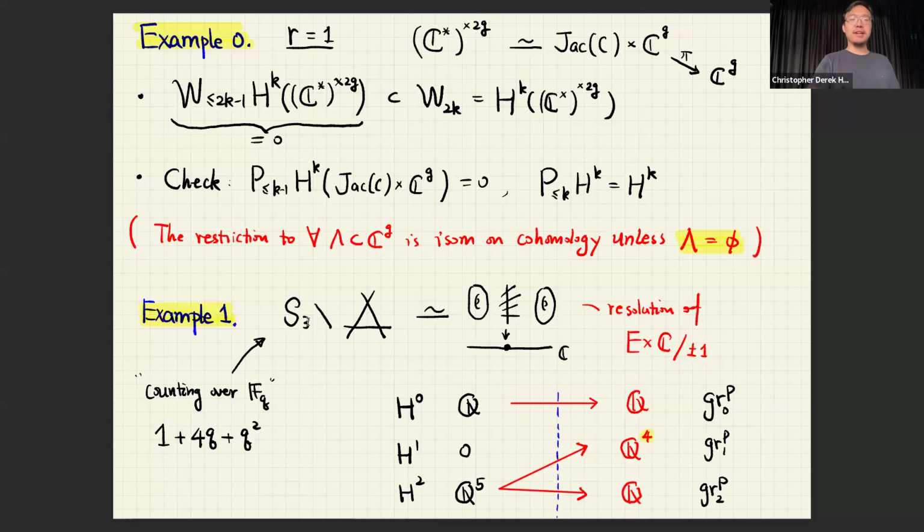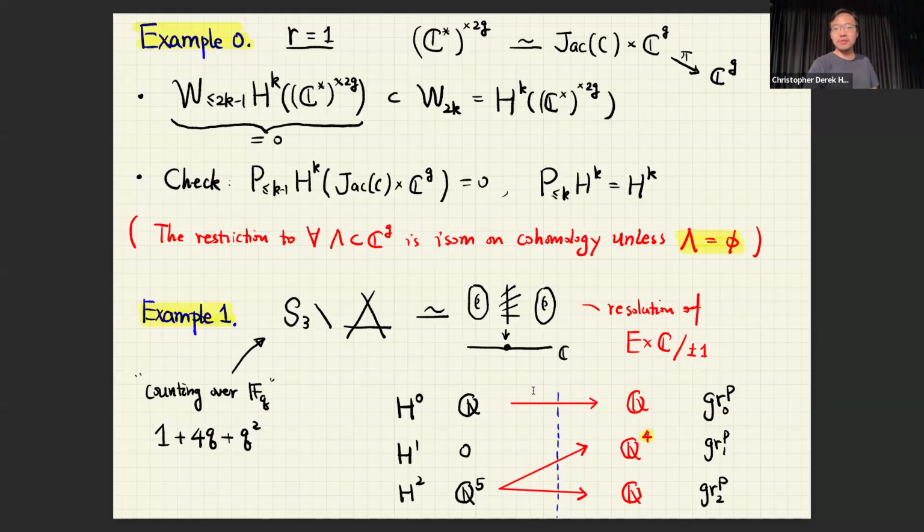You have S_3, a projective cubic surface from which you remove a triangle, and that's an affine variety whose corresponding Hitchin map is an isotrivial fibration given by taking E cross C, which is the example in the case of genus 1, and quotienting out by the involution, which will create 4 singularities, and taking the crepant resolution of it. So the picture is given here: it's an isotrivial fibration away from the central fiber, and the central fiber has 5 components. You have 1 thickened P^1 and 4 exceptional divisors.